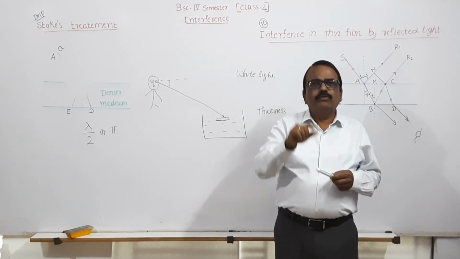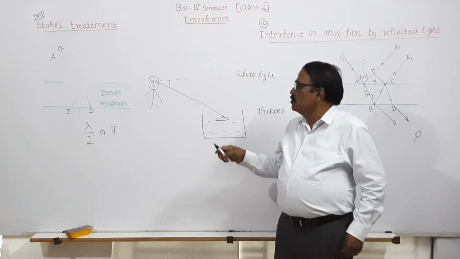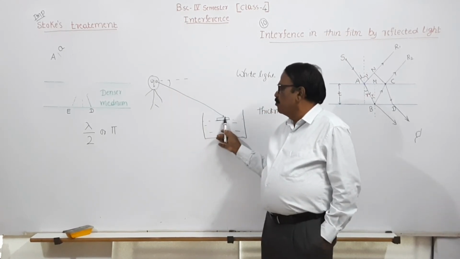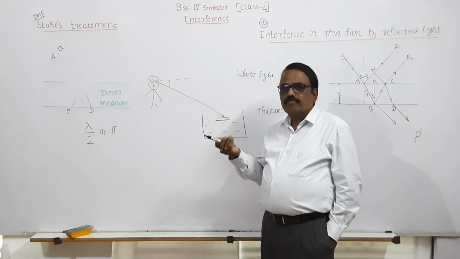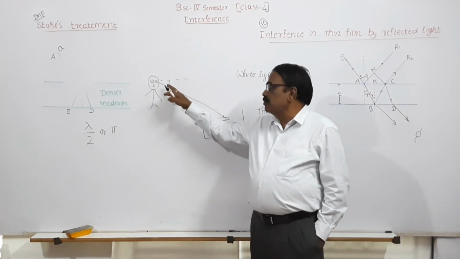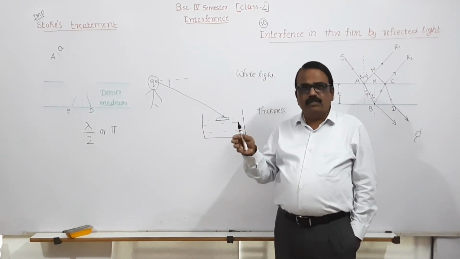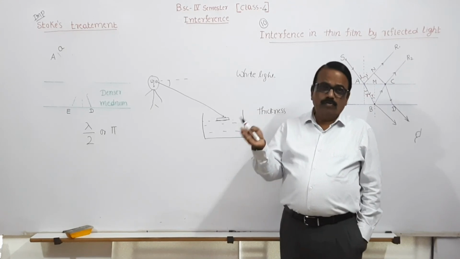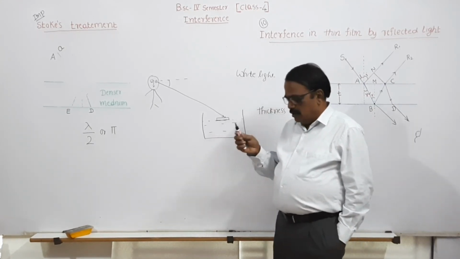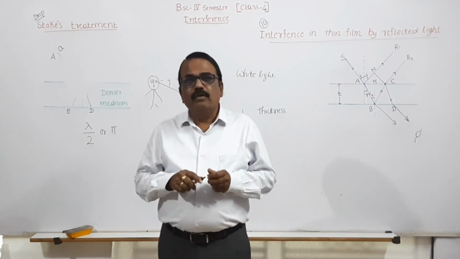If the thickness goes on changing, colors also go on changing. So if the position of the eye changes, at the same point the color also changes, because the path difference between the two waves satisfying the maximum intensity condition changes, and you are going to observe other colors. So this colorization on the thin film is mainly due to interference.